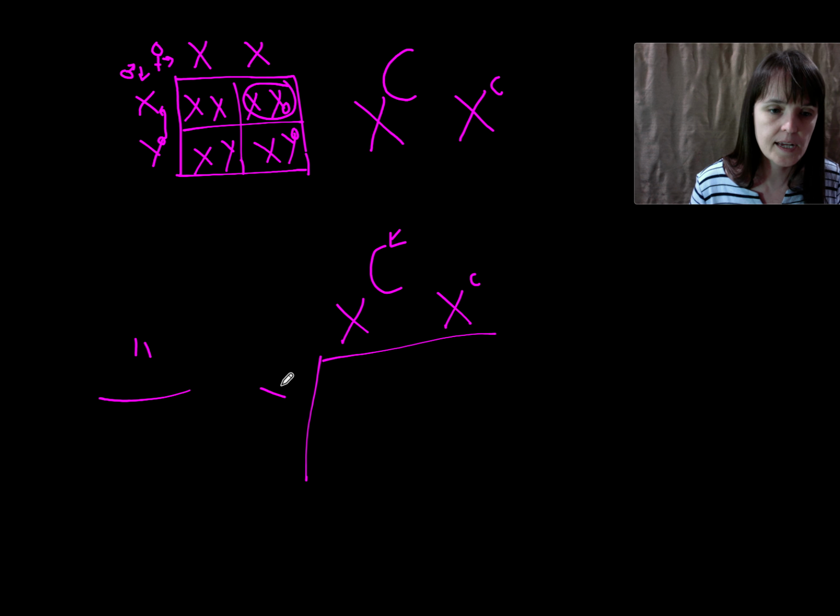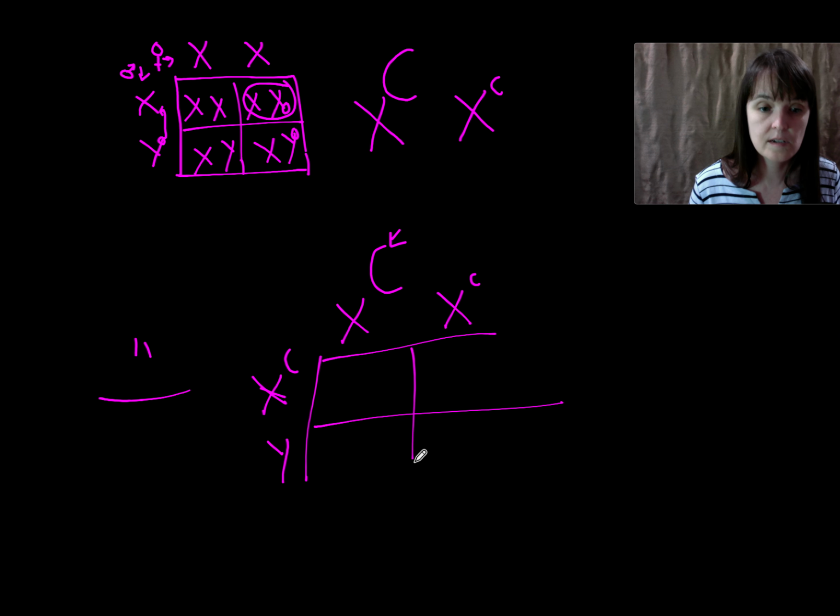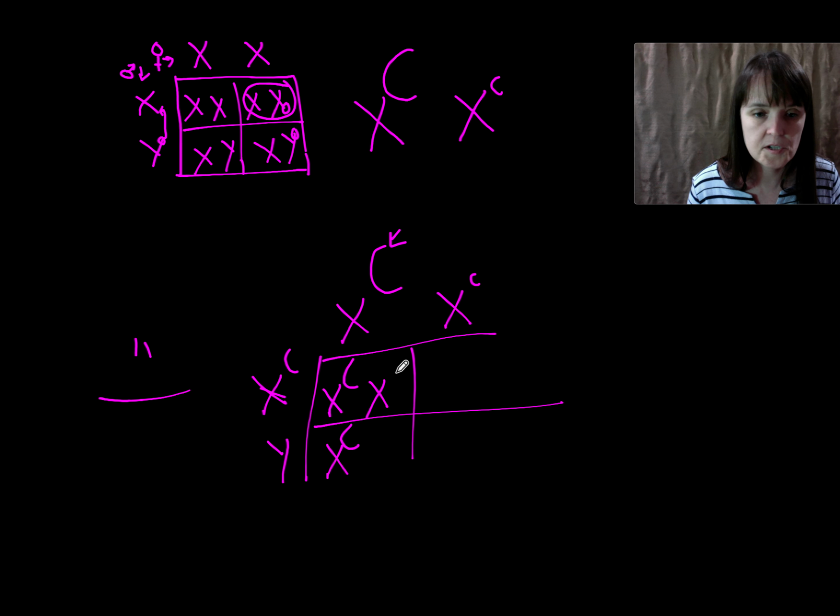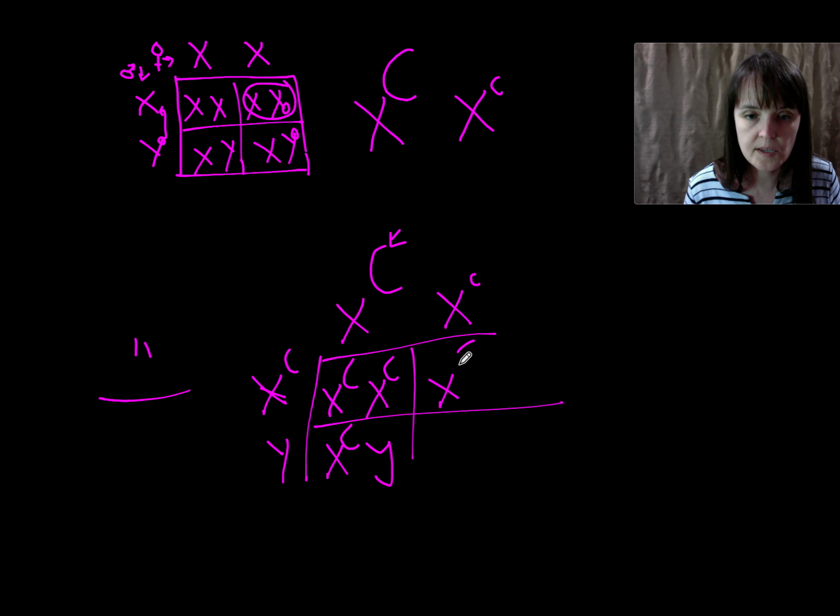So let's say Papa has normal color vision and is male. So you've got X's with normal color vision here, and an X with normal color vision from Papa here, and a Y. And then here you have an X with normal color vision from Papa, and an X with colorblind vision from Mama.